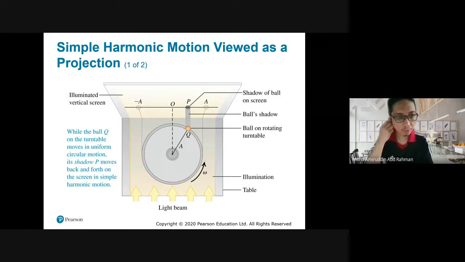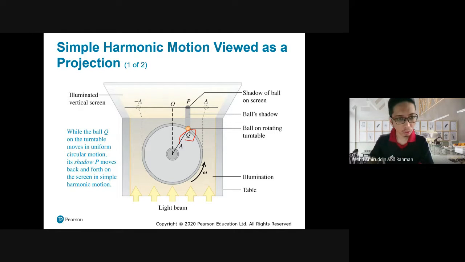If we view it as a projection, we have an example here. We have a ball and a light beam. When the ball, which is labelled Q, on the turntable moves in uniform circular motion, its shadow P moves back and forth.